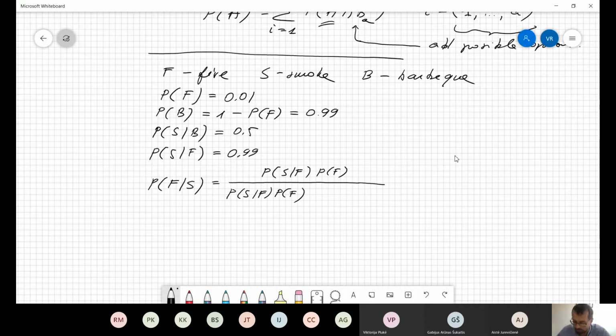This is the probability of seeing smoke and the fire itself, both together, plus the probability of smoke given barbecue, times the probability of barbecue.